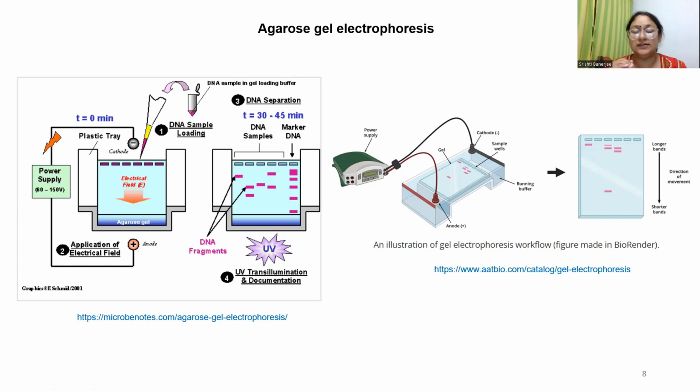Now you have the electric field. What is the main concept behind it? This will be a cathode, which is negatively charged, and this is positively charged. Why is it positive below and negative above and not the reverse? Anyone has any idea why it is charged this way?